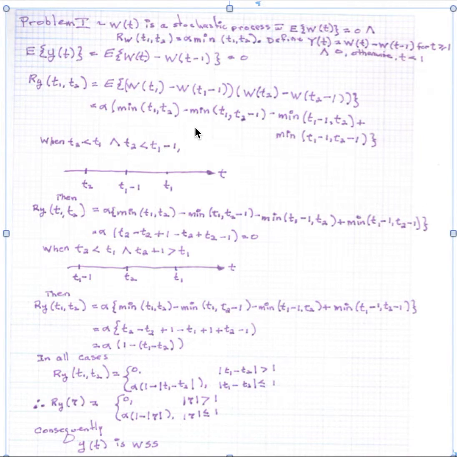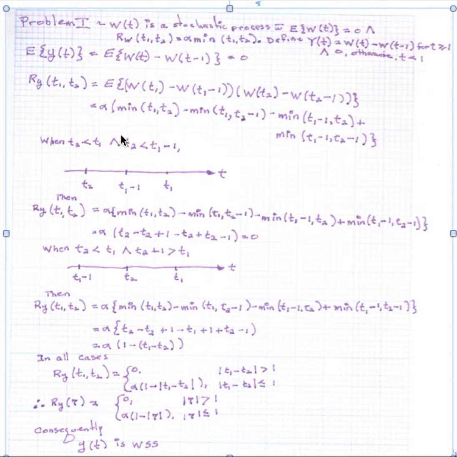Constraints. So now we say, when T2 is less than T1 and T1 minus 1 is greater than T2. Let me restate that. When T2 is less than T1 minus 1.